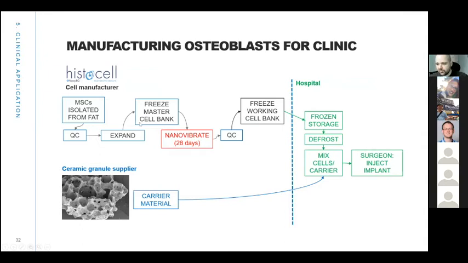They create a cell bank of these cells. And then over a period of 4 weeks, they vibrate them and produce several batches of cells for us to test. And in the end, we're aiming to combine this with the granular graft material in surgery and implant that into a bone defect.